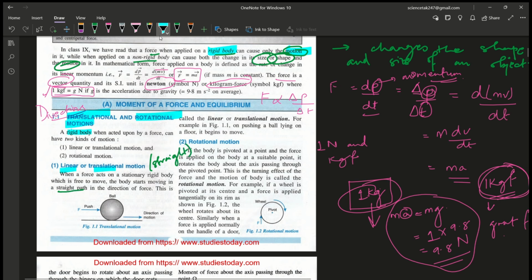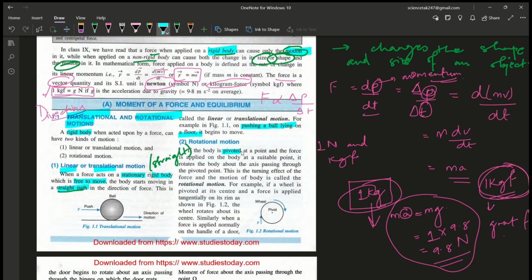Straight path requires a stationary rigid body. Also, it must be free to move. What is the condition? Free to move. An example would be pushing a ball lying on the floor. Next, rotational motion. If the body is pivoted, that is, it is not free to move.